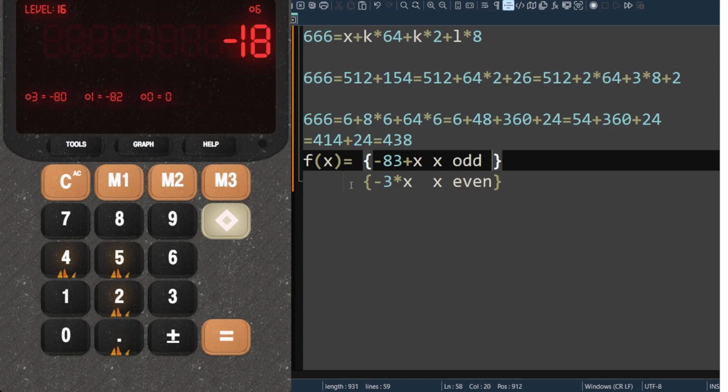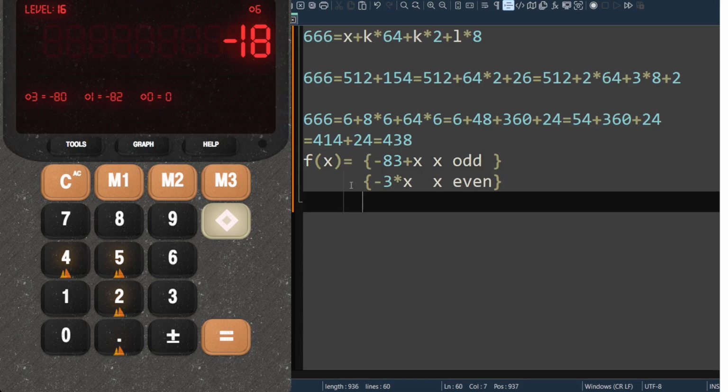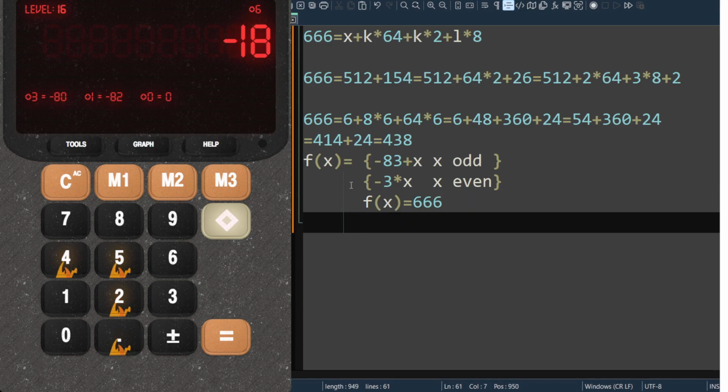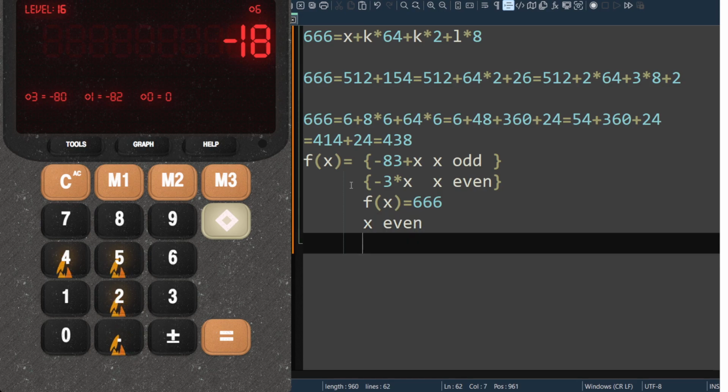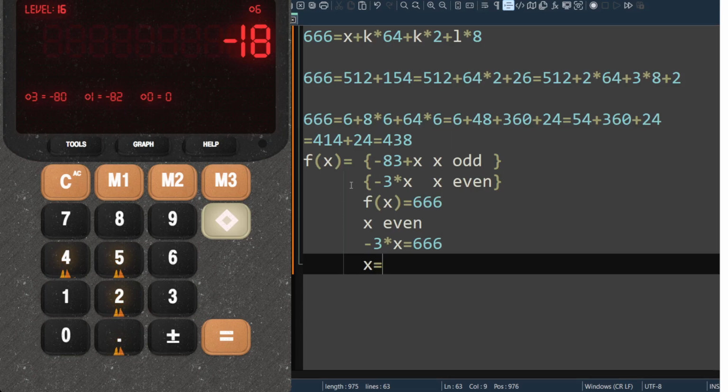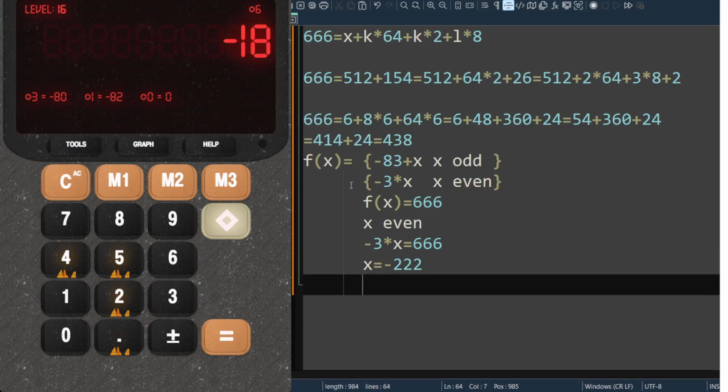If x is odd. And now we're just going to check f of x equals 666. And we're going to say x is even. Then we get minus 3 times x equals 666. This would mean x equals minus 222.